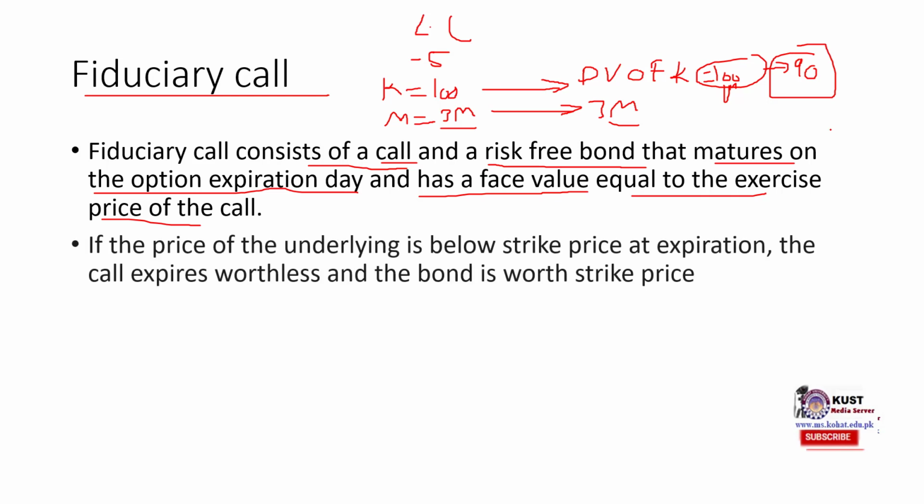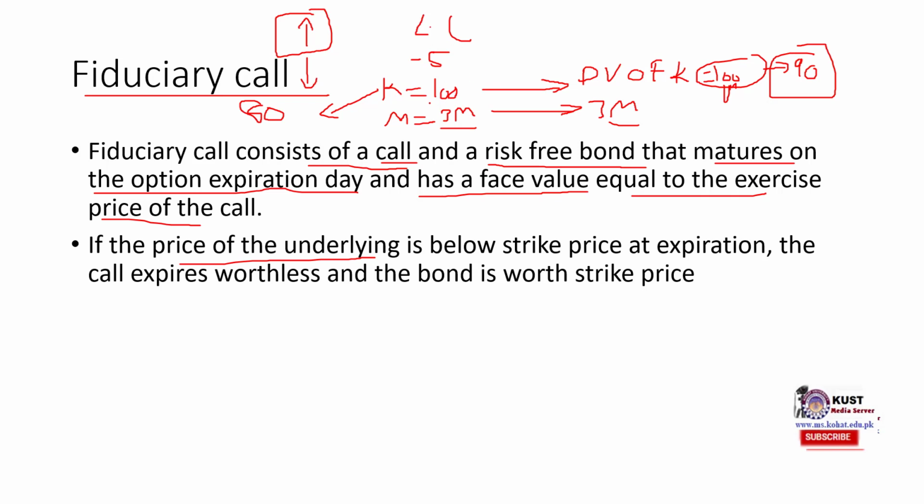So what would happen on expiration after 3 months? Imagine either the market price of this commodity would increase, or it would decrease. If, at the time of maturity after 3 months, the price of the underlying is below the strike price, say the asset is being sold at 80 rupees in the market, then obviously you are not going to exercise this option.